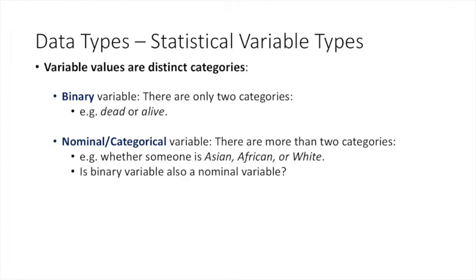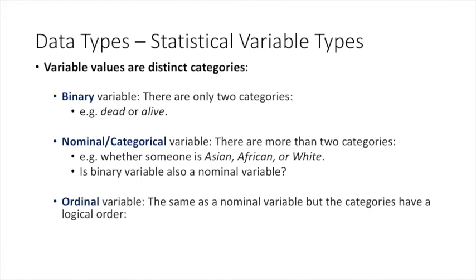For example, ethnicity can be Asian, African, white, or some other value. Likewise, dietary styles can be omnivore, vegetarian, or some other value. These are all just categories, but we cannot assume an order among those values. Note, binary variables are also nominal variables. They just represent a special kind of nominal variables.